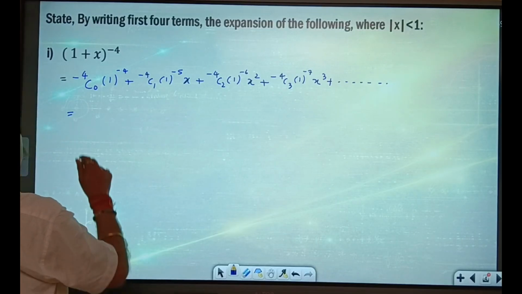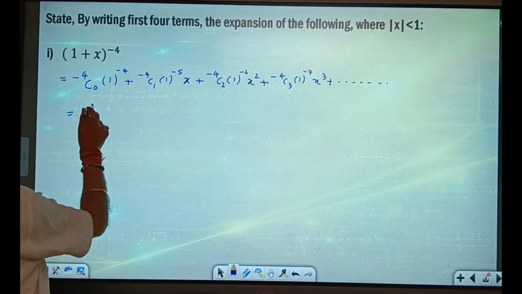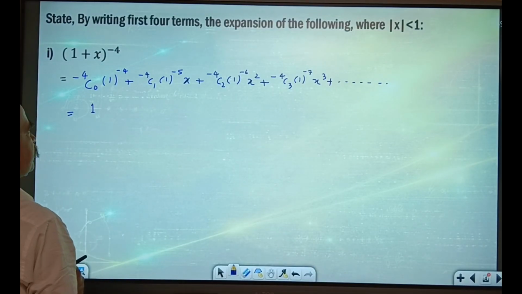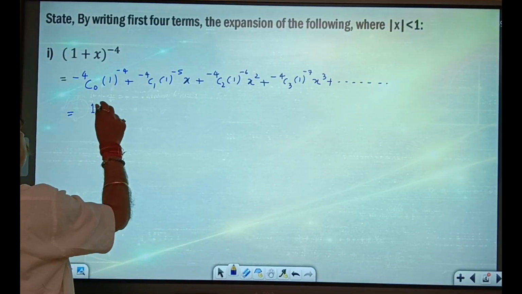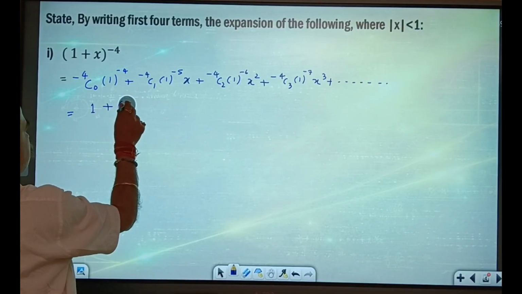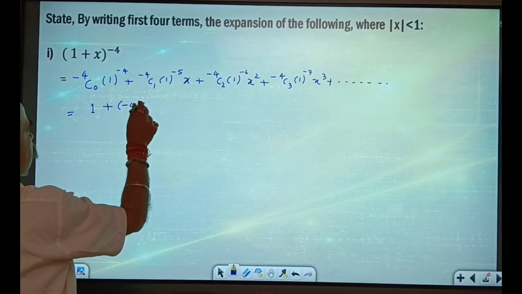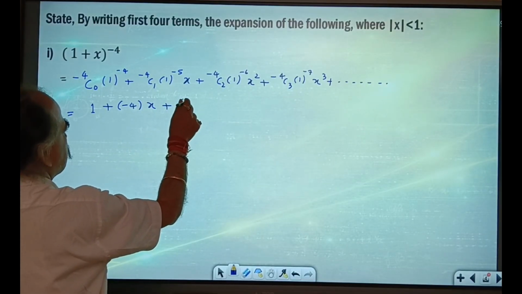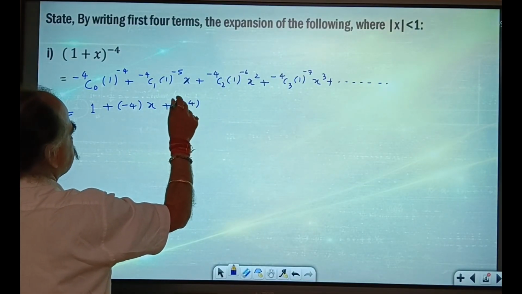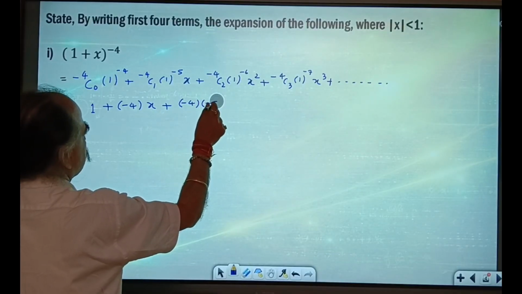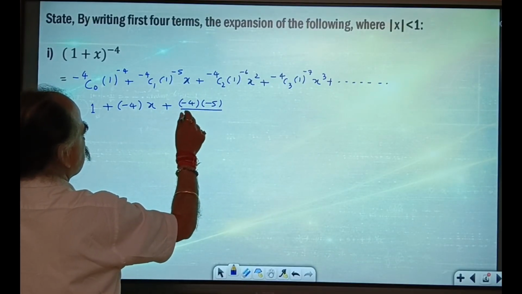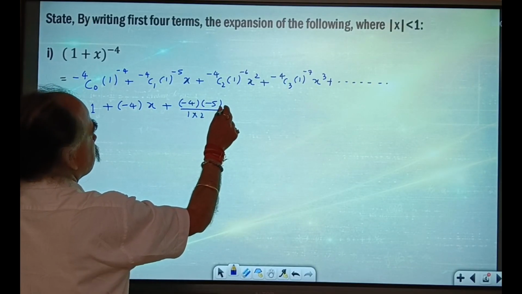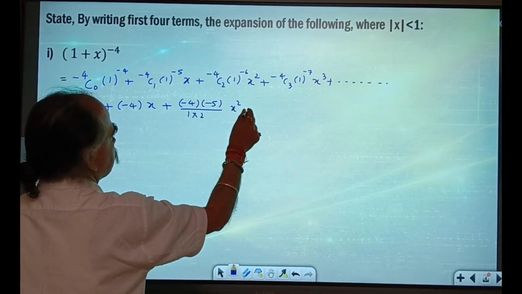Any number C0 is what? 1. And 1 raised to any power is 1. Any number C1 is what? Same number, x. Any number C2 is what? Multiply this number from that side for 2 times: minus 4 minus 5 upon 1 into 2, x square.